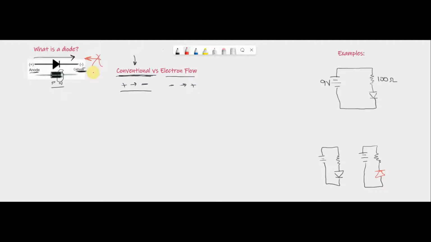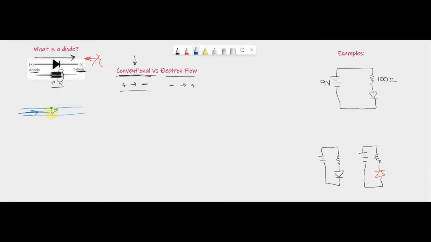Now, let me equate this with something. We'll go back to our water example. Let's say we had this tube of water, and we put a directional valve in this tube. And let's say we had water flowing this way. This is our current. Our water's flowing, our current's flowing.